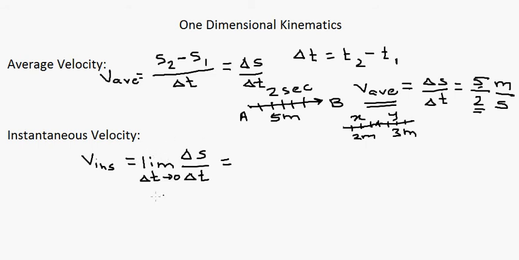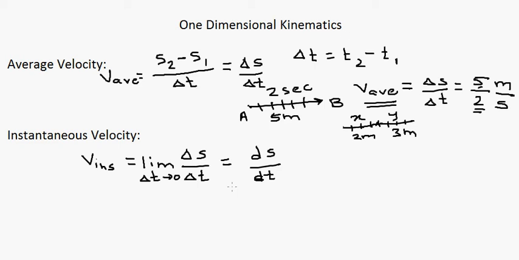For the people who know calculus, this definition may seem familiar. It's the differential of displacement with respect to time, the derivative of displacement, ds by dt, with respect to time, of course. For people who don't know calculus yet, don't worry, we won't be needing calculus much in the beginning.